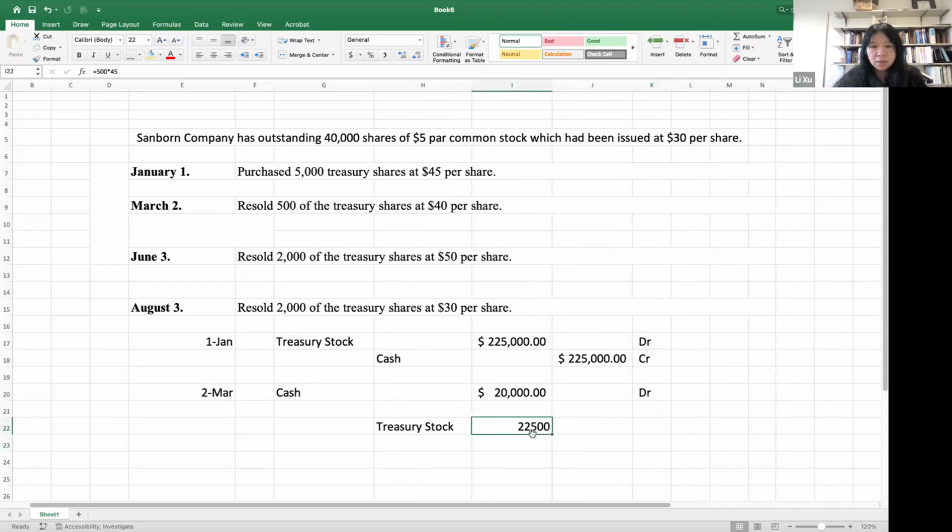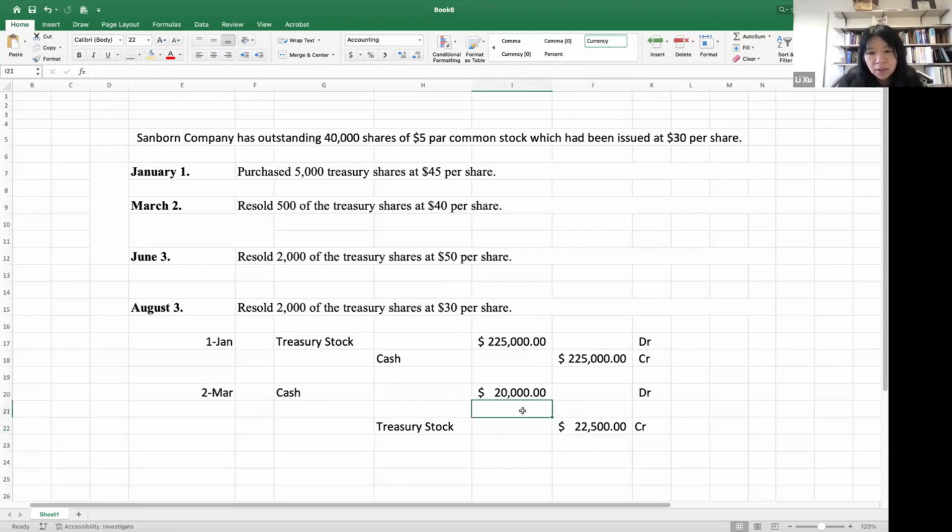So if you look at here, you debit 20,000 and you credit 22,500.